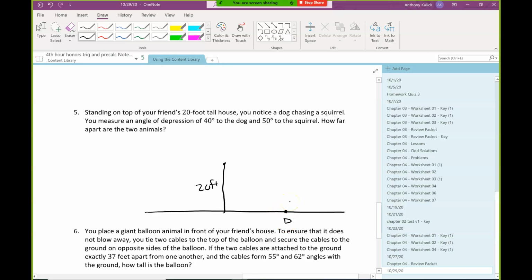You measure an angle of depression of 40 degrees to the dog. So here's the angle of depression. And an angle of depression to the squirrel of 50 degrees. So that's 50 degrees. How far apart are the two animals?